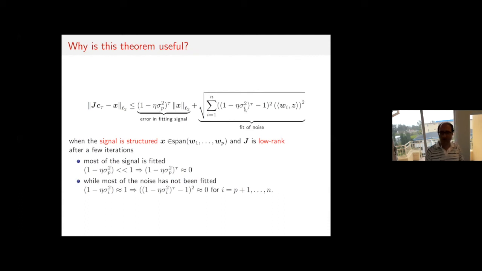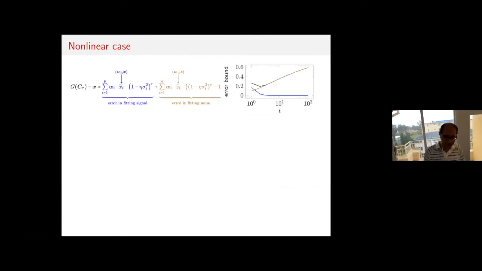Because this matrix has this low rank structure, the remaining eigenvalues are very small. So this term is practically 1, and this term is practically 0. And so if you only do a few iterations, you never fit this noisy portion. You never see this noise at all in the first few iterations. So again, the intuition, even though the details of the proof are different, is very similar to the first experiment.